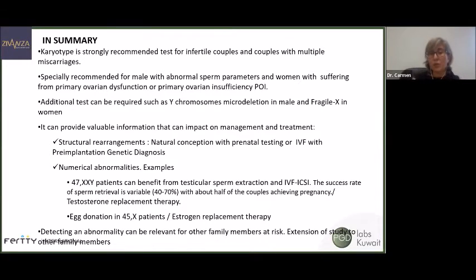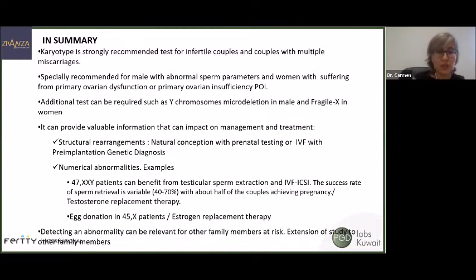For numerical abnormalities in one member of the couple, for example, if we have a Klinefelter patient, they can benefit from testicular sperm extraction and later an IVF with ICSI. The success rate of sperm retrieval in these patients is variable, and in about half of the couples that do an IVF, they achieve pregnancy.